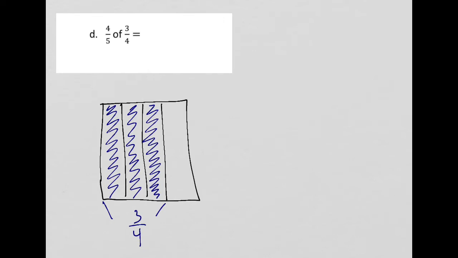Now I'm finding 4/5 of this 3/4. So I'm going to split it into fifths. 2, 3, 4. Okay, there are my fifths, and I'm focusing on 4 of them.